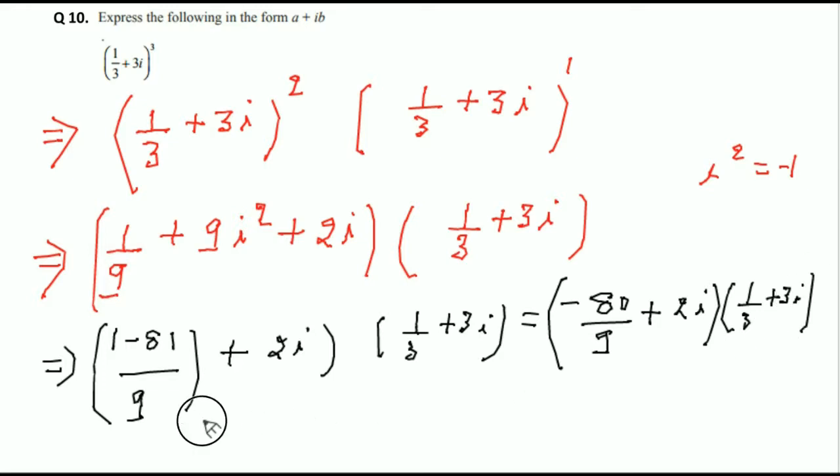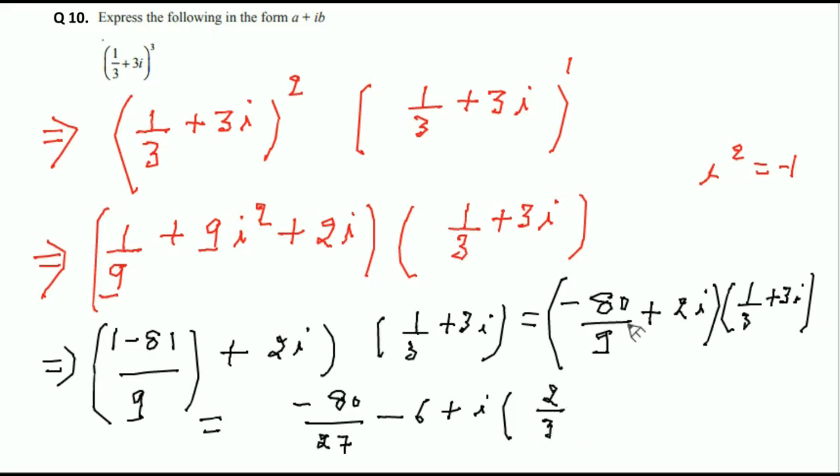Let's multiply here. So minus 80 into 1 by 3, that becomes minus 80 by 27. And for the real number, how to get it? 2 iota multiplied by 3 iota, that is iota square, iota square will be minus 1, and this is minus 6. Plus, if you take iota, then 2 iota into 1 by 3, that is 2 by 3.